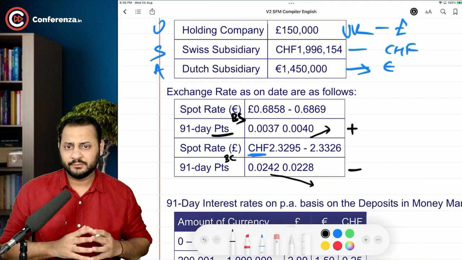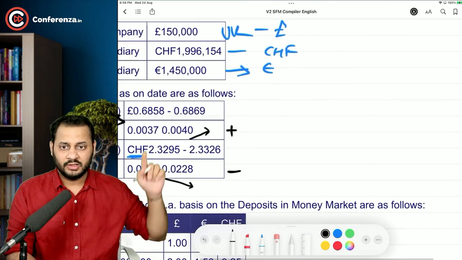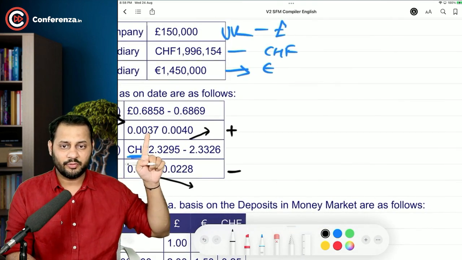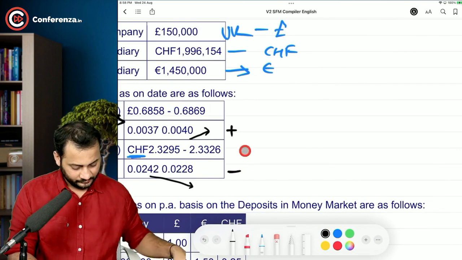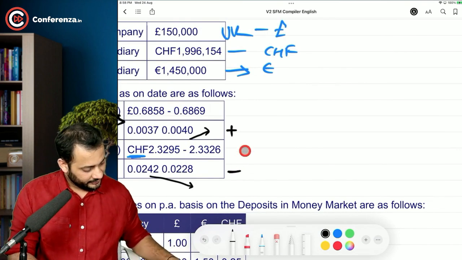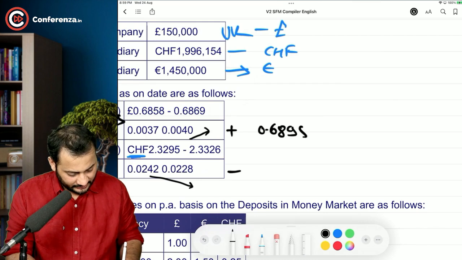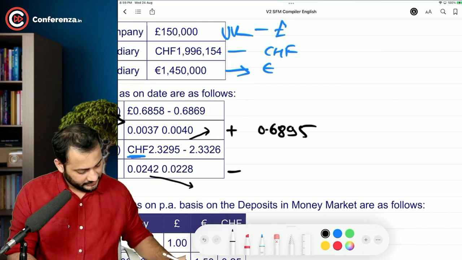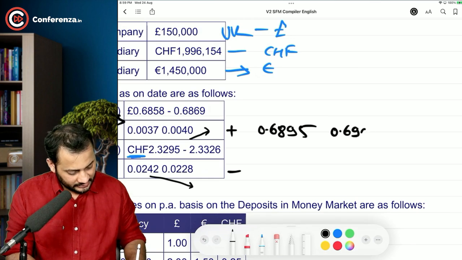Let's first do one thing. We can just calculate the forward rate. We have to add these points in this case. So let me just complete the calculation. 0.6858 plus 0.0037. So this will be 0.6895. 0.6869 plus 0.0040, that's 0.6909.